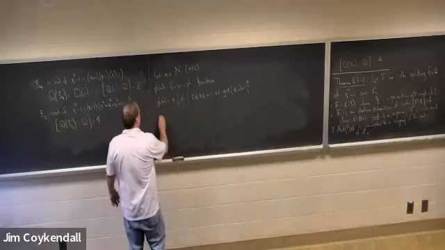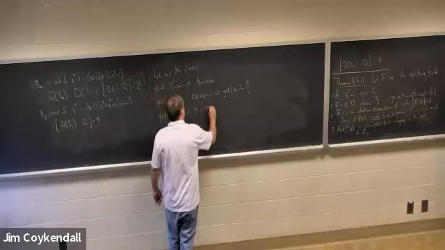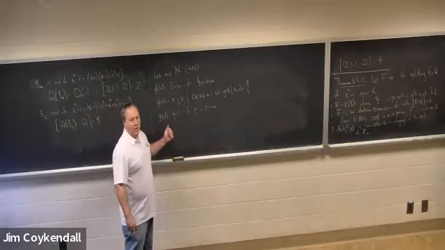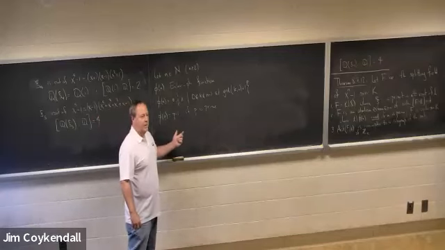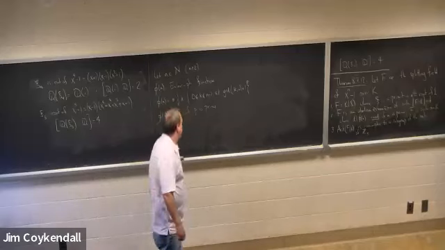So for example, for a prime p, if you go 0, 1, 2, 3, all the way up to p minus 1, everything's relatively prime to p except for 0, right?